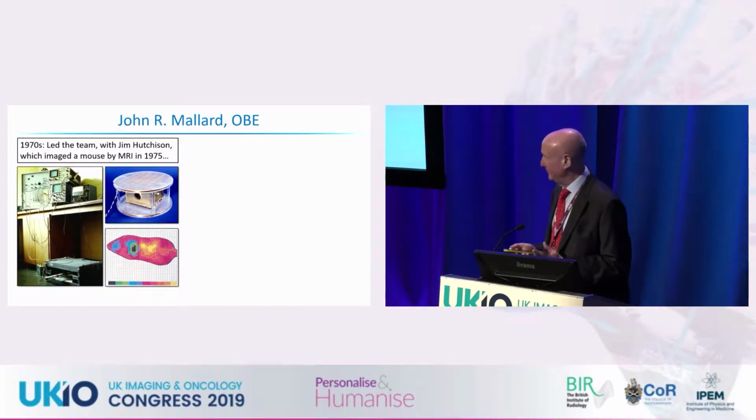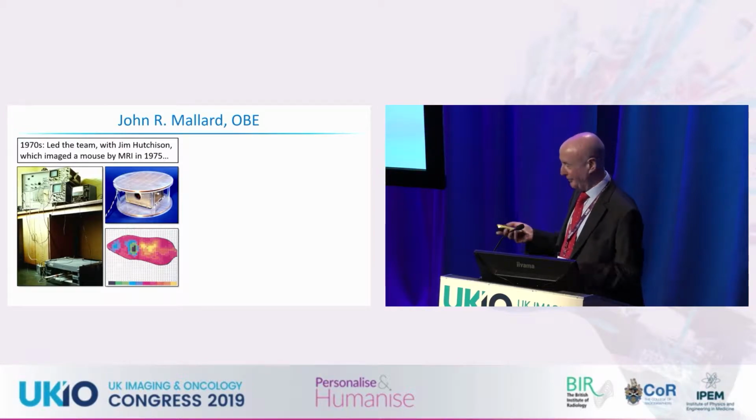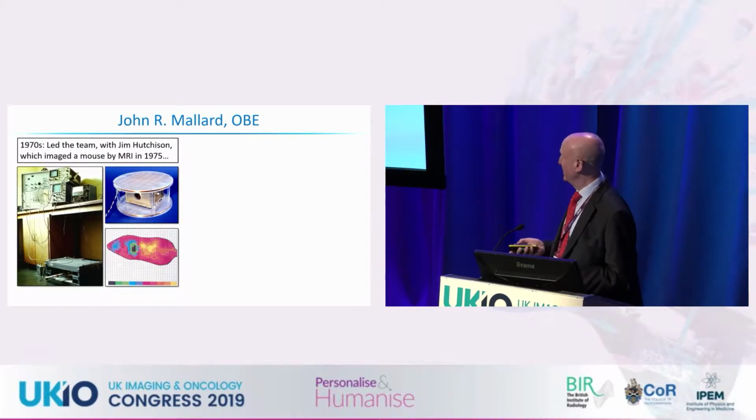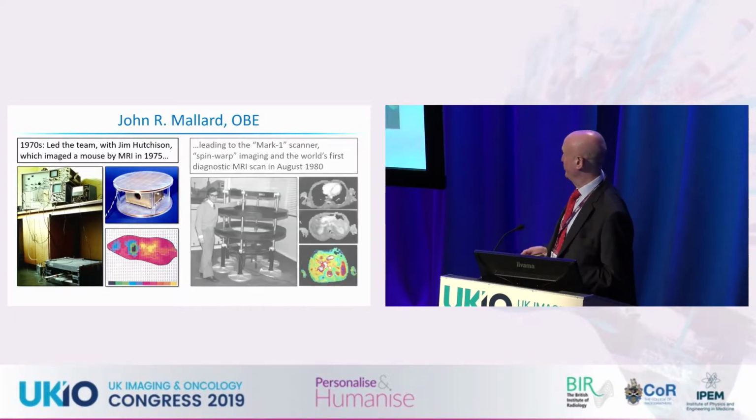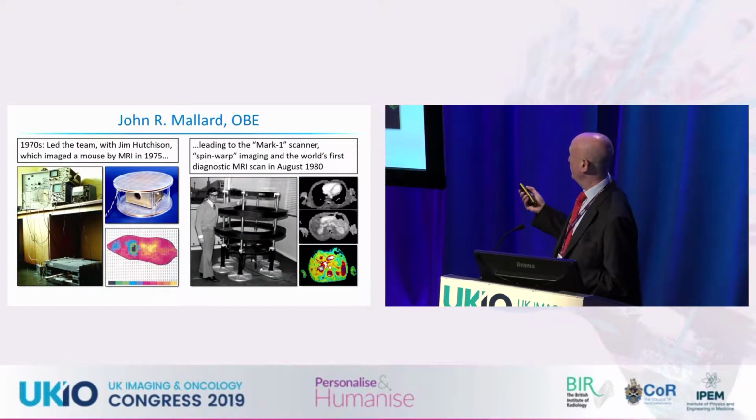Anyway, John went on to lead a team working on magnetic resonance, and this was now with Jim Hutchison. And Jim built all this equipment to image by NMR, imaging a mouse in 1975. That's the somewhat famous in MRI circles, the famous Aberdeen mouse. And they then went direct from mouse to man at John's insistence, and this led to the building of the Mark I MRI scanner.